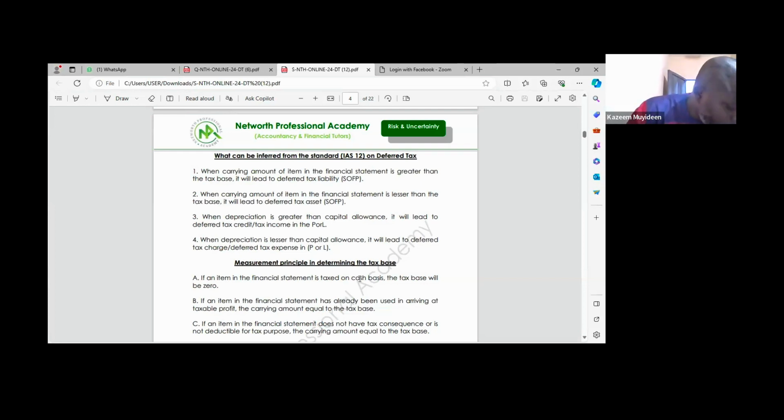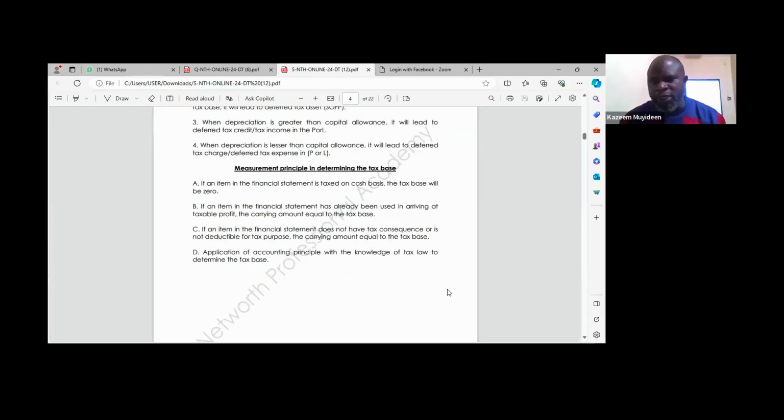Now, look at these principles under here. Measurement principle in determining the tax base. In all, deferred tax can only come in exam in 6 ways. I don't think they will test unutilized tax credits and unutilized tax loss, but I can bring one question to do that.